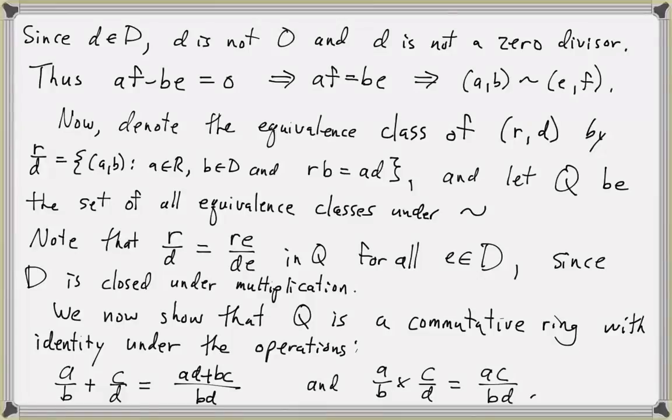So again, these operations mimic the operations of the fractions in the rational numbers. Now these operations are defined on the set Q of equivalence classes. So first we want to show that these operations are well defined. That is, the sums and the products don't depend on the particular representatives of the equivalence classes.